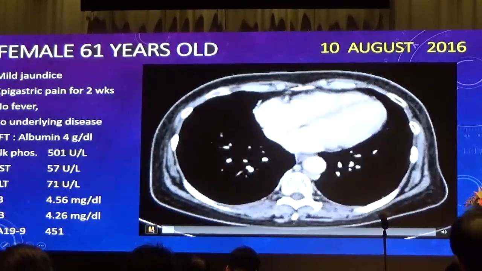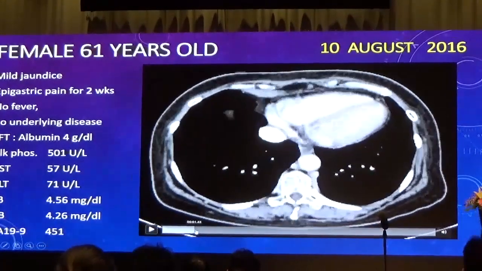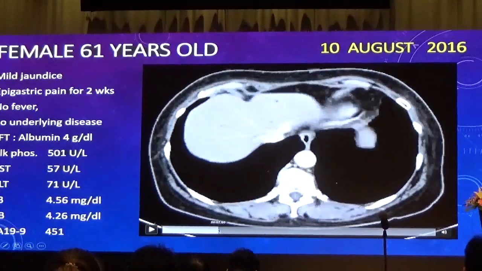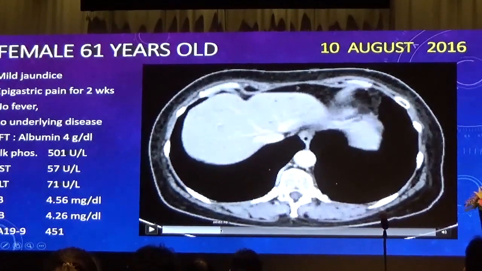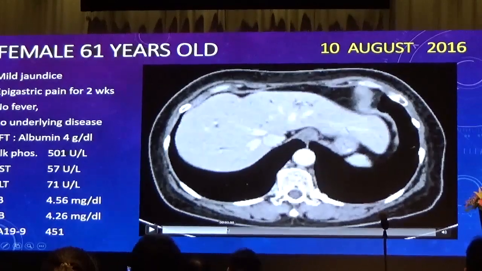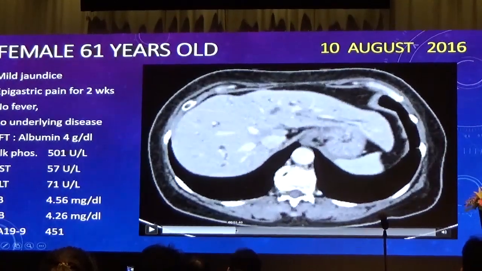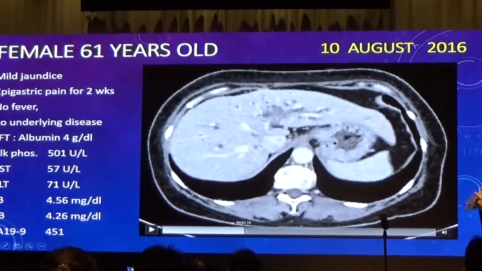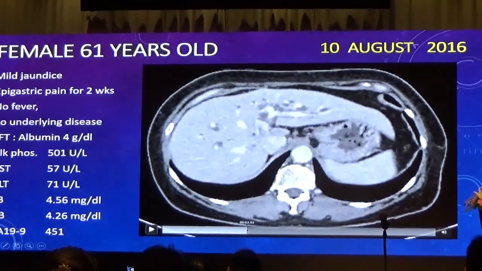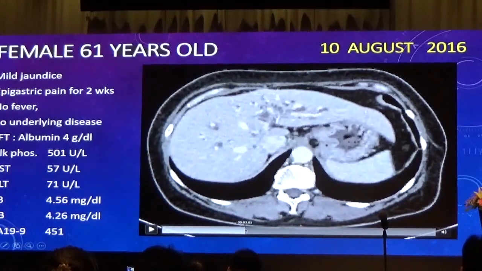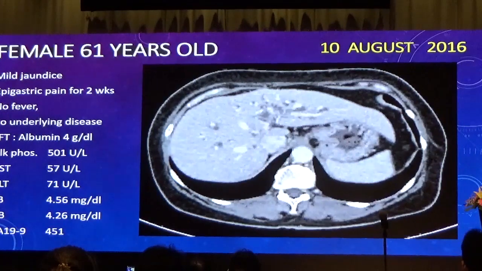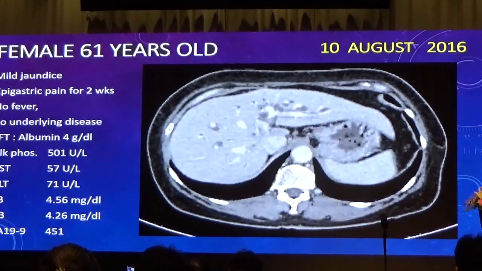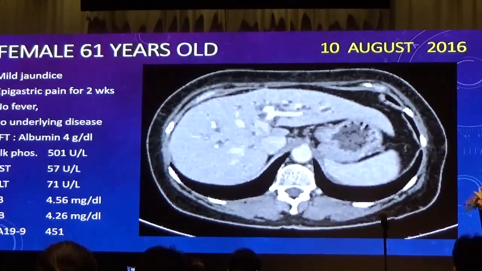Because of the hepatic arterial invasion, only the right hepatic artery is involved, and the left hepatic artery is intact. We can say, yes, I see the left hepatic artery is not involved, and the left portal vein is involved.